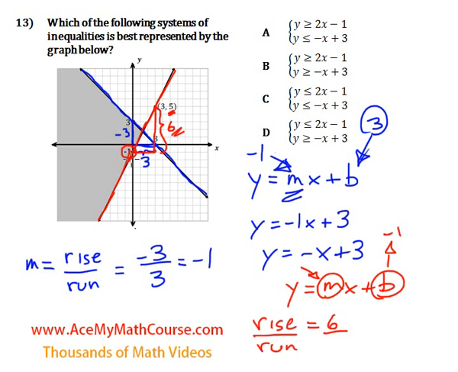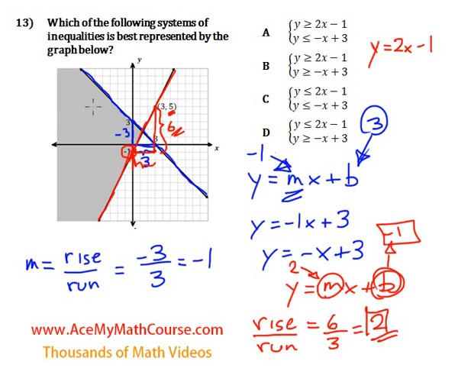Well, we're moving over, again, by 3 units, because we're going from 0, right here, the y-axis, all the way over to 3. 6 over 3 is 2. So the slope is 2. Rise over run. Okay, now, so we have y is equal to 2x plus negative 1, and plus negative 1 makes minus 1.